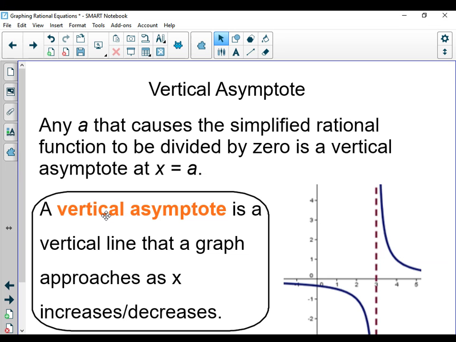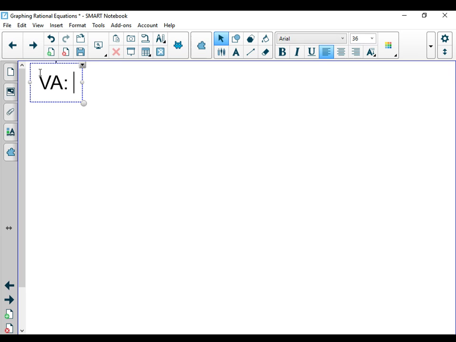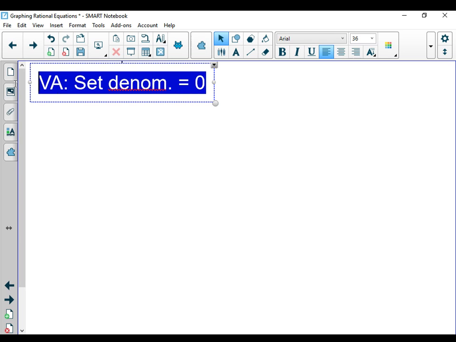I'm going to switch pages here. I'm going to come back to this one. I'm going to try and make a page like I was making on the whiteboard earlier. So for vertical asymptotes, I'm going to set the denominator equal to 0. That's the first thing we're looking at.